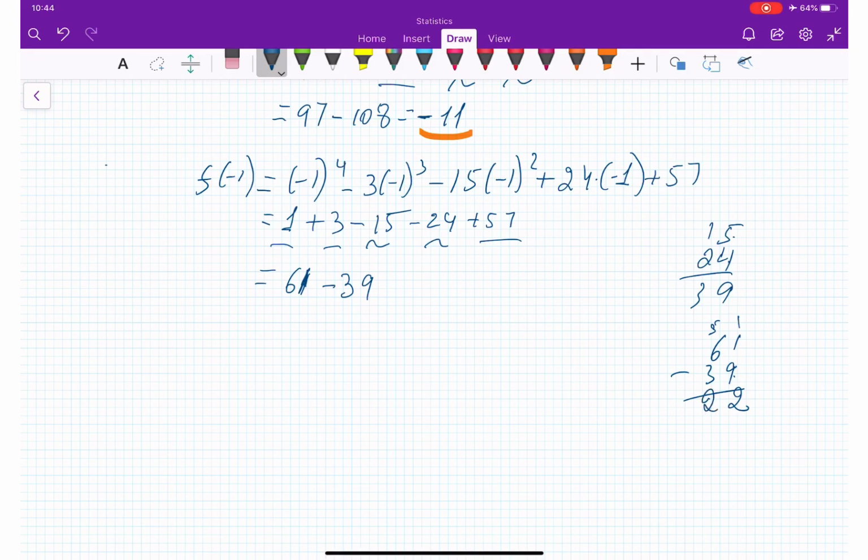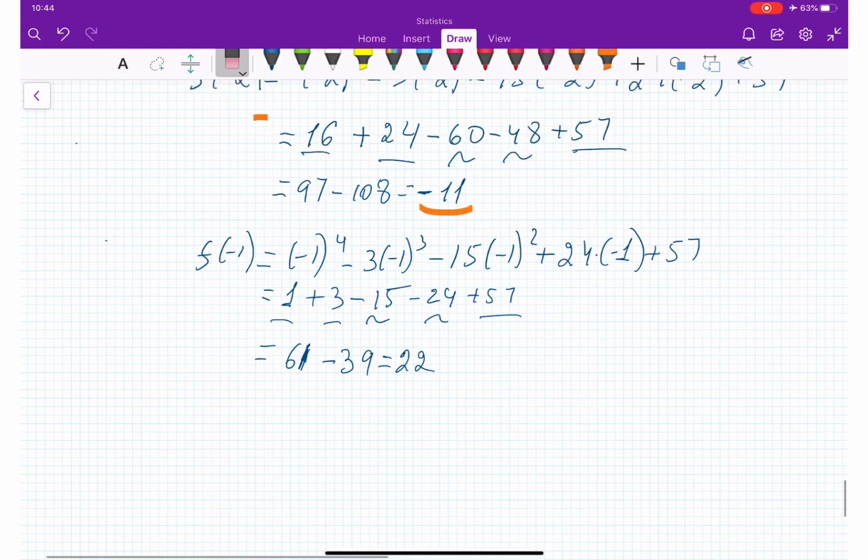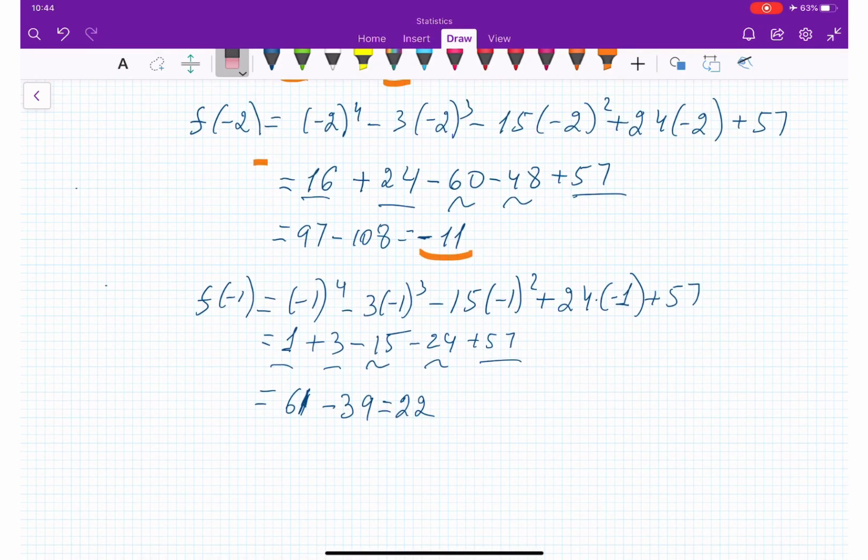So it's going to be positive because 61 is the bigger positive number: 22. All right, so what did we get? F of negative 2 is negative 11, and f of negative 1 is positive 22, which means we proved that there is a zero between negative 2 and negative 1. Okay? Question number 18.